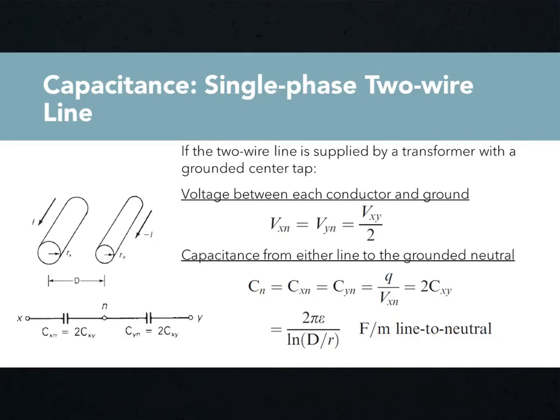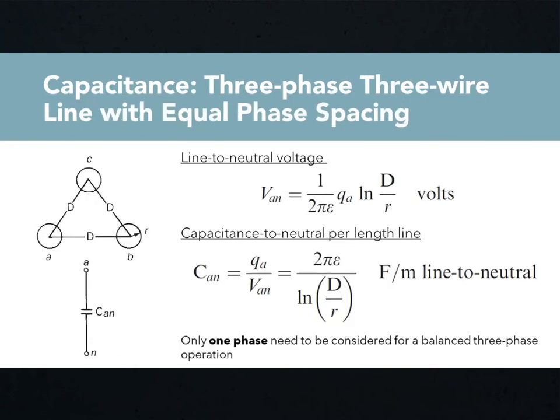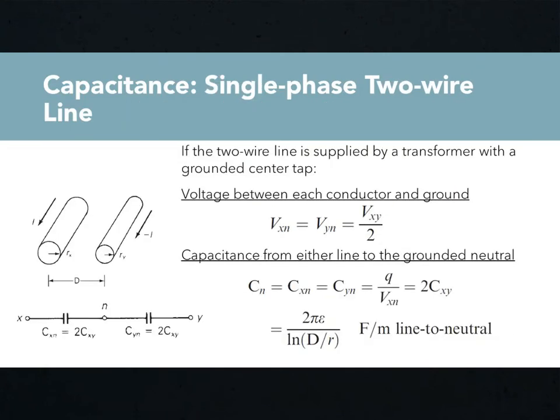Okay? Now, if you plug this in, dun sa capacitance, your capacitance will be, let's highlight this, capacitance from either line, capacitance to neutral.